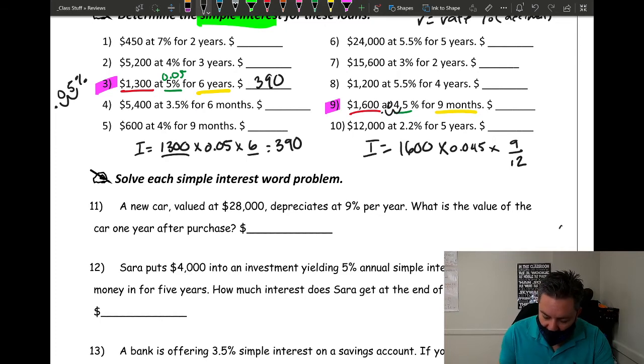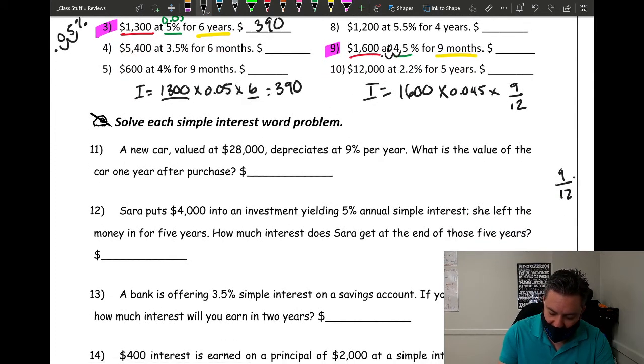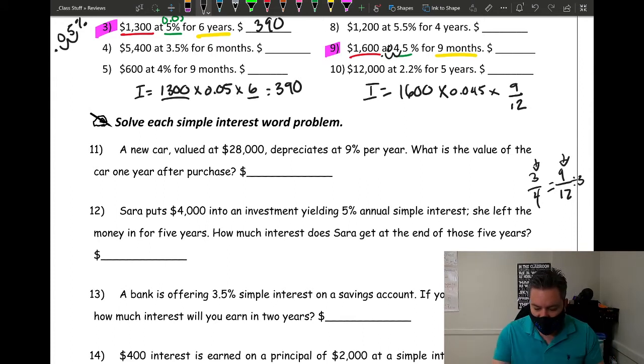But I know that 9 over 12, I can easily simplify by dividing by 3, and that's going to give me 3/4. So I can use this fraction if I want, or I can leave it as is. But if I leave it like this, at the end, I'm going to have to do a little bit of simplification. So it's up to you. It really doesn't matter.